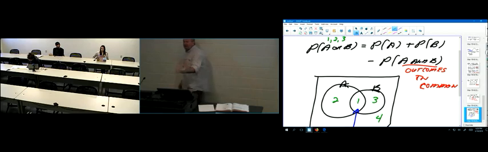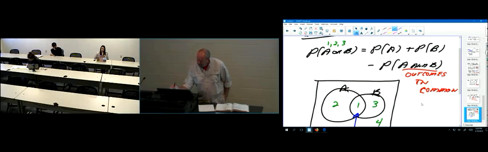Those are the little regions that make up the OR. 1, 2, and 3. The ones in common, the ones in 2 not in B, the 3, the ones in B not in A. Alright? But the problem is when you do A, what little regions make up A? 1 and 2, right? What regions make up B?